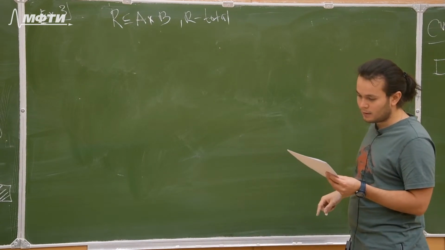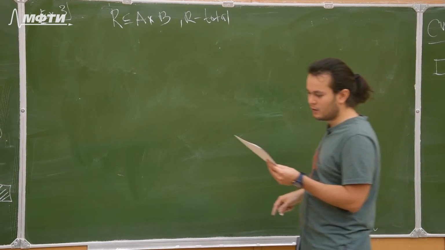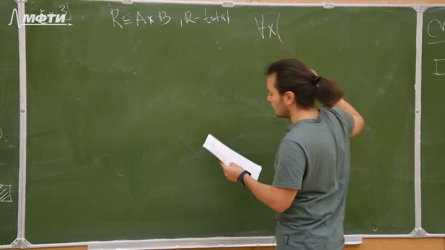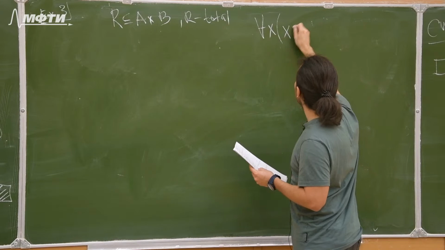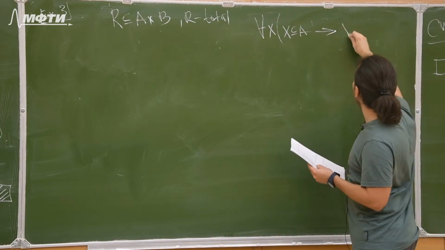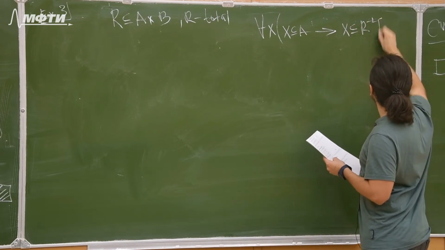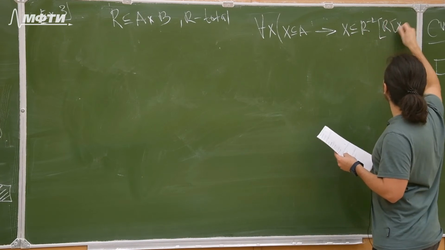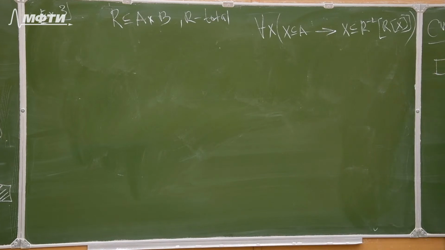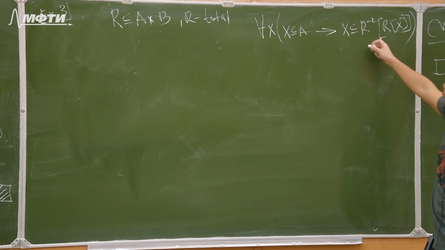And then we have to prove that for all X, where X is a subset of A, holds that X is a subset of R minus 1 of R of X. So we have to prove that this is true, and we have to check for equality as well.